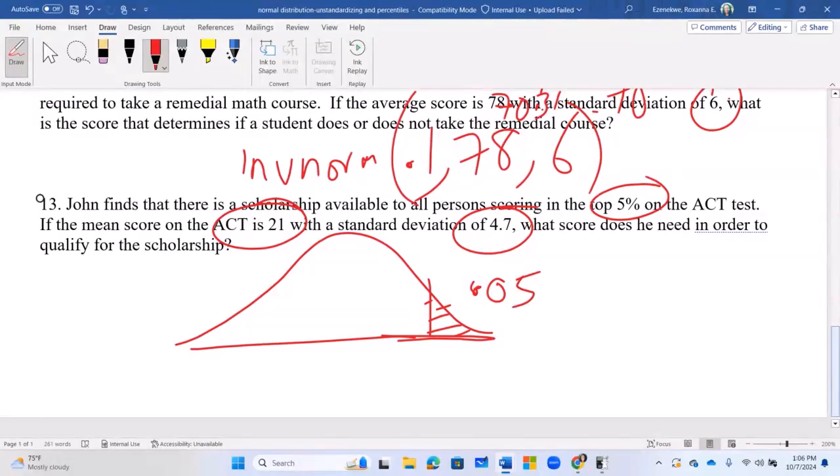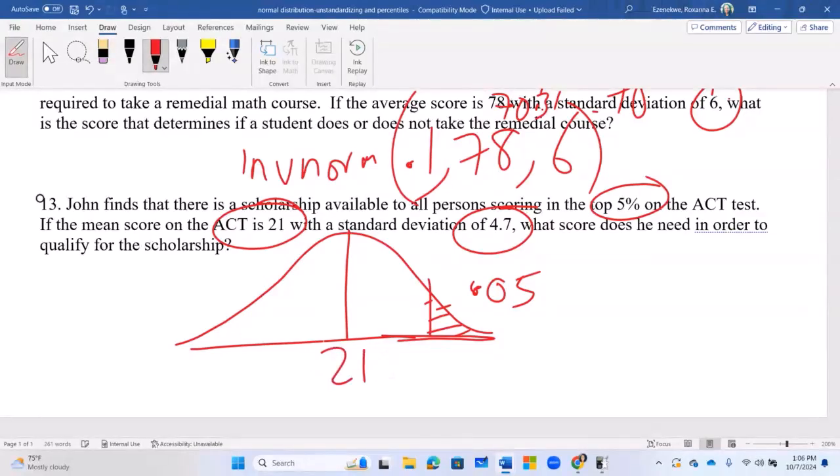And I'm looking for the score. The mean is 21. I see. The mean is 21 and the standard deviation is 4.7.